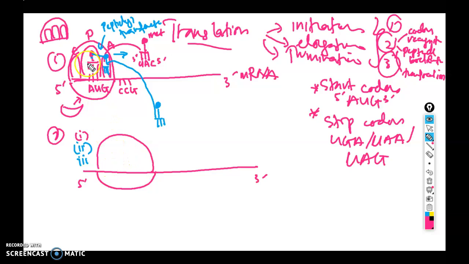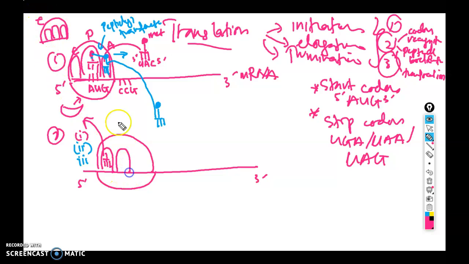So the tRNA at the P site will occupy the E site, but in the absence of the amino acid, and they will release out, because the E site means they will release the tRNA.